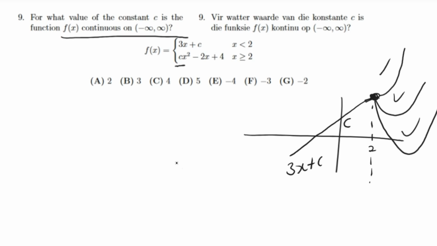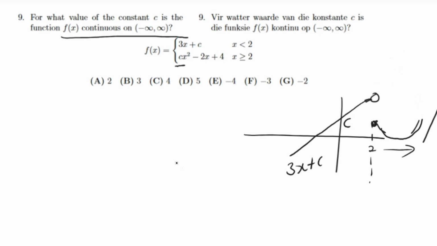Because if it doesn't touch here, and touches somewhere else, maybe here, and then here we have something of that nature, that is a discontinuity. We don't want that. We want it to be the very same value there at 2.